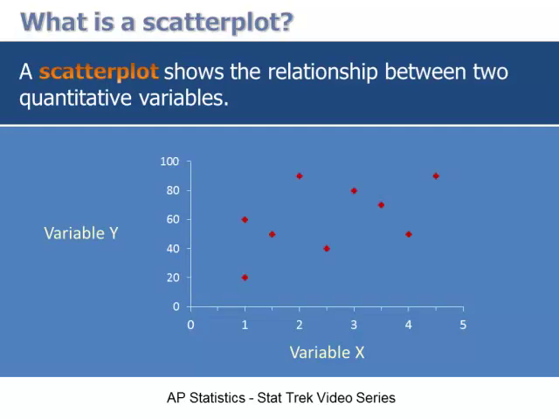The position of the dot on the scatter plot represents its x and y values. Each observation from the data set is represented by a single dot. For example, consider this dot. It represents an observation that has an x value of 2.5 and a y value of 40.